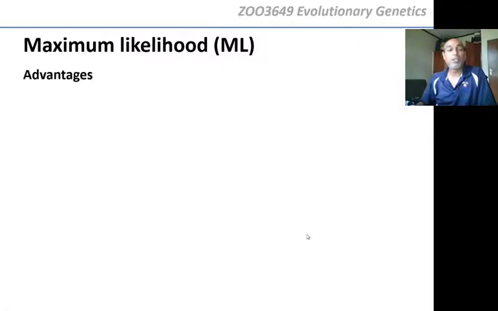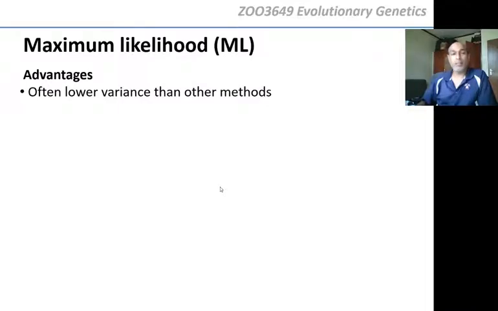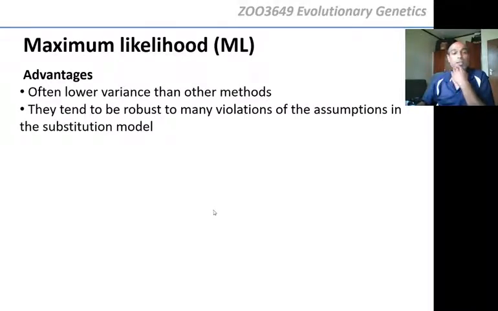Okay? So the advantages of maximum likelihood, before we end the lecture. The advantage of maximum likelihood is that it has a much lower variance than other methods. It's statistically the best method to use. They are robust over many violations in the substitution model. So even if your model is not 100% correct, it doesn't matter.